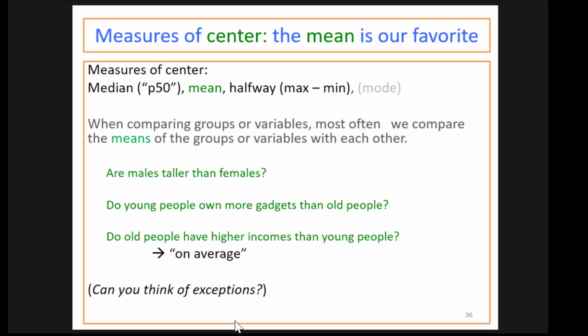Yes. Sorry, identity. Yeah. Okay. The example is if you look at the numbers on your passport, then you could still ask, okay, do let's say boys have higher numbers on their passport than girls?